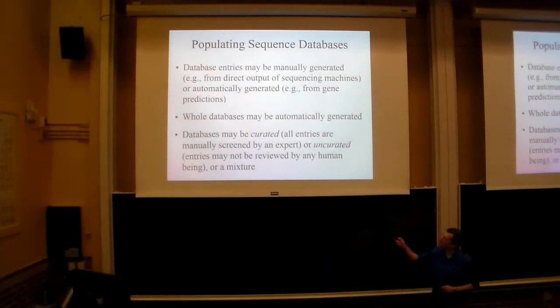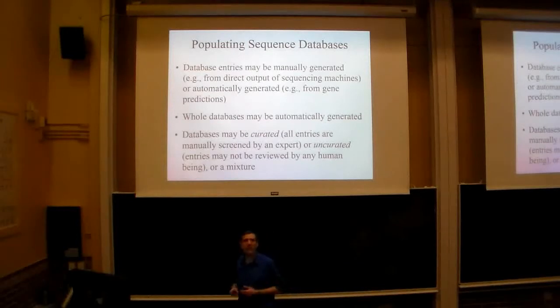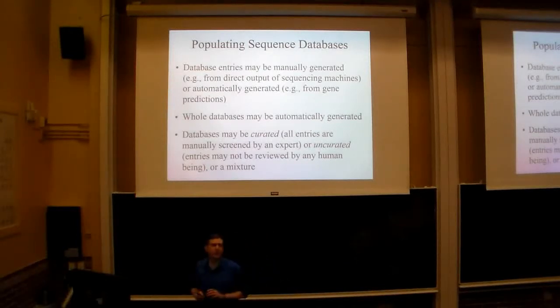And again, that's something we need to pay attention to. Often we'll have a mixture, and you have to look at the individual entries you're trying to use to figure out if you're looking at a nicely curated entry or one that may be less reliable because it was automatically generated. Any questions about that?